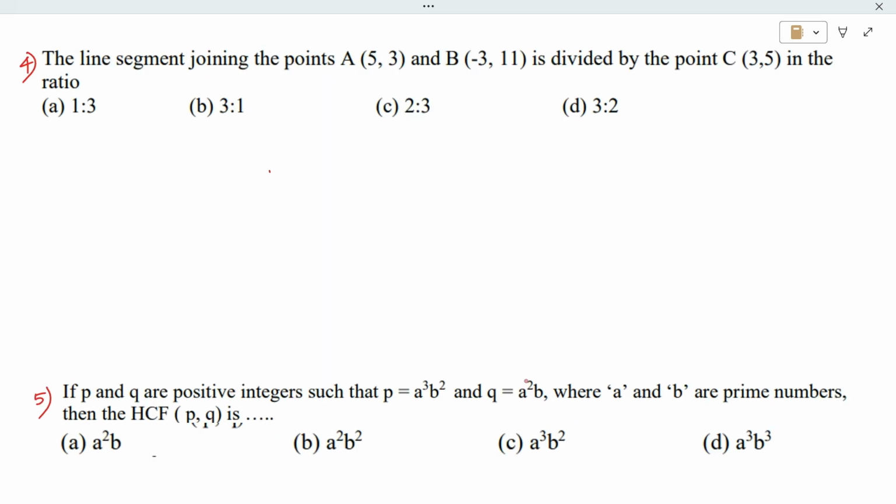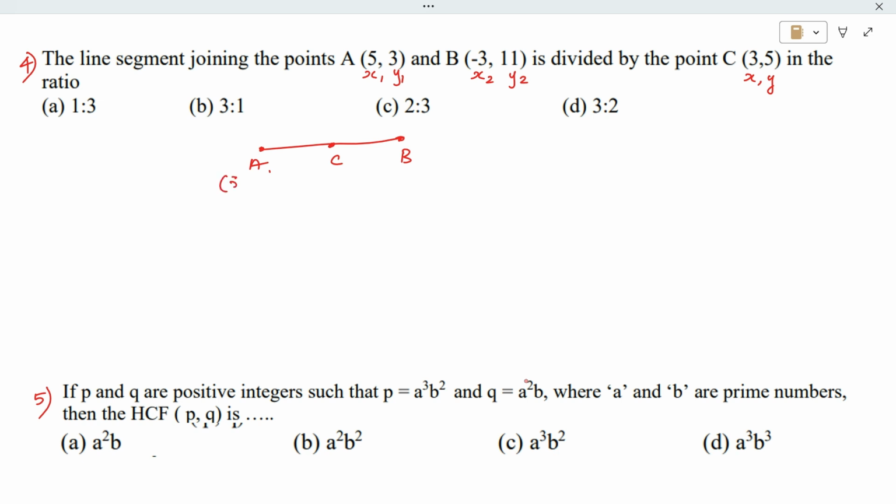Question number 4. The line segment joining the points A 5, comma 3 and B minus 3, comma 11 is divided by the point C. So I am taking 5, comma 3 as x1, y1 and B minus 3, comma 11 as x2, y2. This is dividing the line segment AB, so I am making it as x, comma y. If I draw a line segment AB, C is the point which divides the line segment.